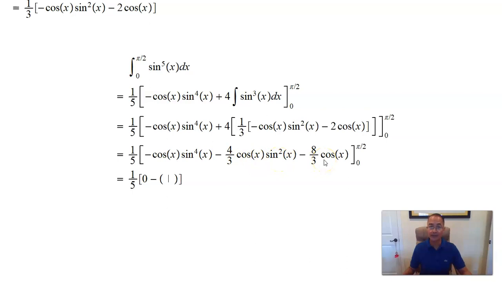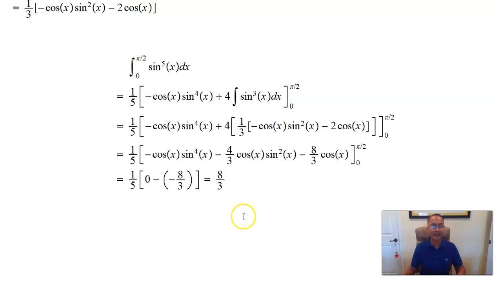Cosine of 0 is not 0, though. So we get this last term, minus 8/3. Cosine 0 is 1. So that's minus 8/3 over there. And we get positive 8 over 3 times 1/5. We get 8 over 15.